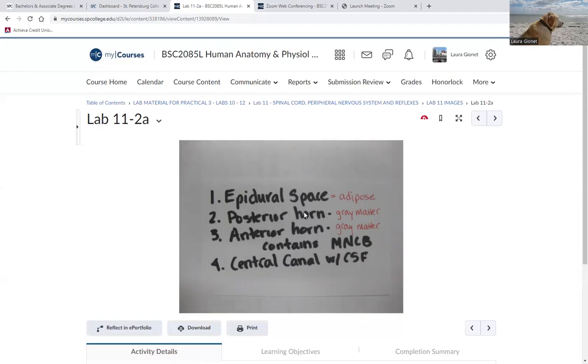In the posterior horn, we will find the cell bodies of interneurons or association neurons. And in the anterior horn, he has MNCB, but if you don't know what the MN stands for, it's motor neuron cell bodies. So posterior horn, you can write here, interneuron or association neuron cell bodies. I'm not sure why that's not written here. And in the anterior horn, we're going to find the motor neuron cell bodies.